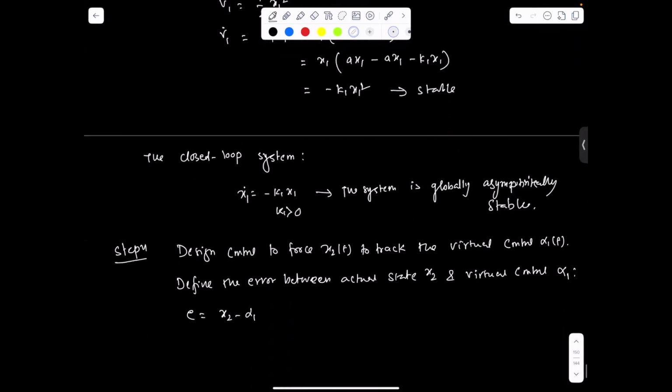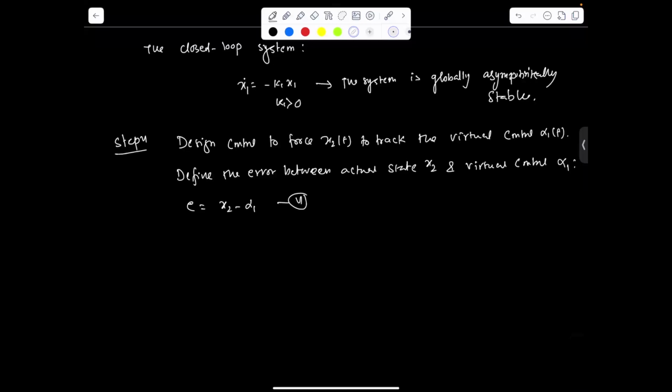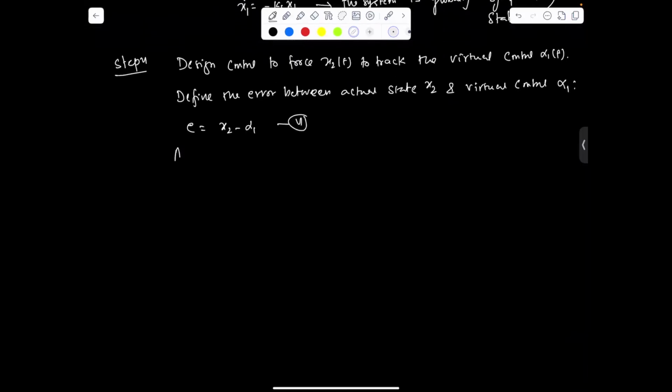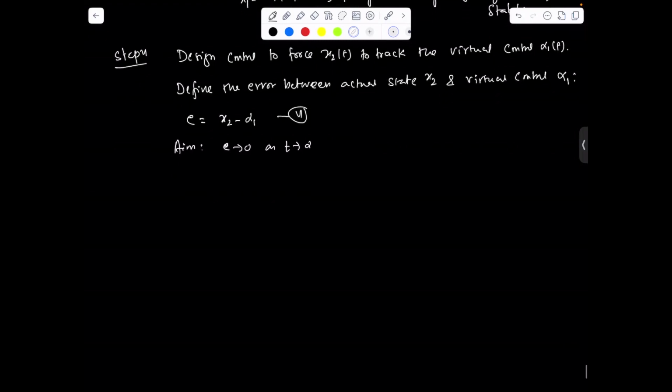Let us define this as equation number 4. Our aim is e tends to 0 as t tends to infinity. If we can do this, we can say x2 equals alpha 1 over time.